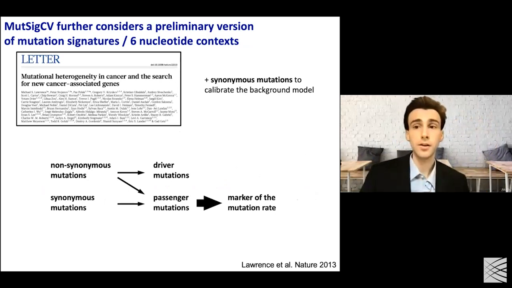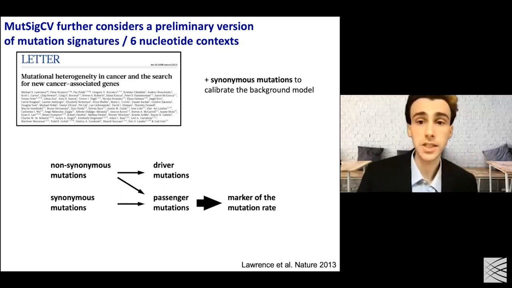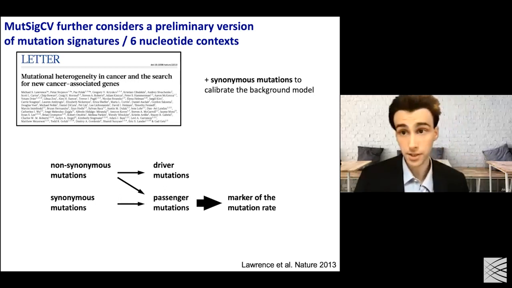But the other criterion that turned out to be important is synonymous mutations. The reason is that synonymous mutations are by definition all passenger mutations, because they don't change the protein structure. They will never have an effect on the cancer functions. They won't have a driver mutation effect. Whereas non-synonymous mutations can be either driver mutations or passenger mutations.